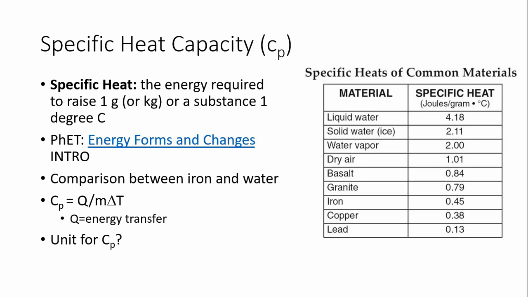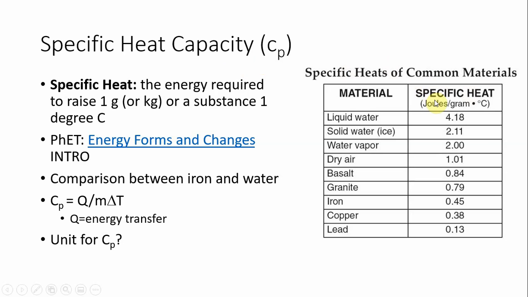And so if we look over here at the specific heats of common materials, we'll take a look at this set of units first. Joules divided by grams, degrees Celsius. So this helps us remember the definition of specific heat. Energy required, energy is measured in joules, to raise 1 gram of substance, right?